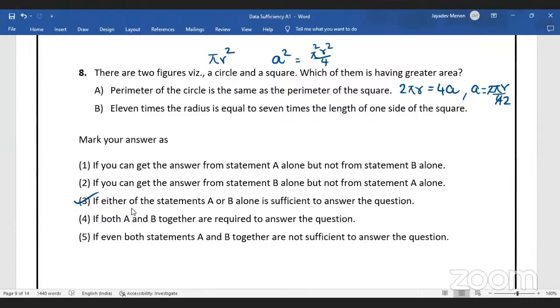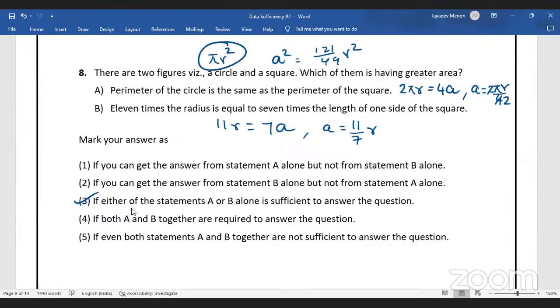Now statement B says 11 times the radius, 11r, equal to 7 times the length of one side of the square, 7a. 11r equal to 7a. From this we get a equal to 11 by 7 r. So in that case, a square will be 121 by 49 r square.